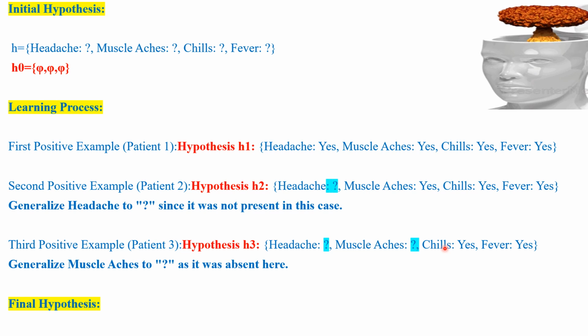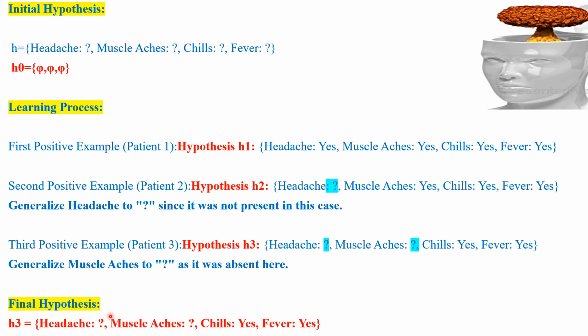So we are concluding that the chill feature contributes maximum to the prediction of a fever, because each and every patient is having chills, irrespective of whether they are having a muscle ache or headache. So this contributes maximum to predict the fever.